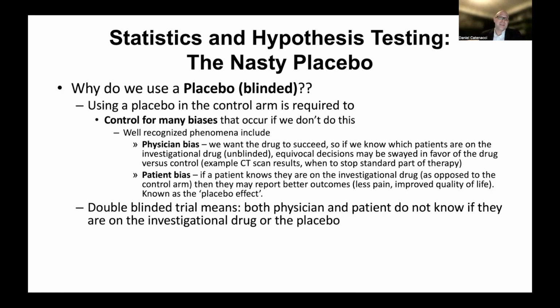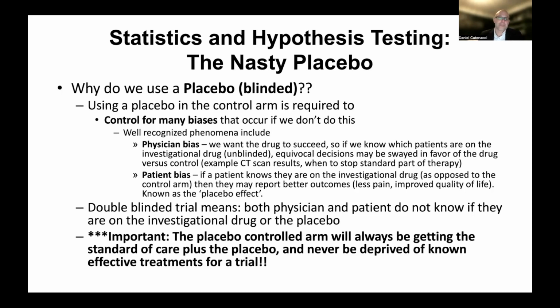And so really, if there's still a benefit that is observed at the end of the study when the results are analyzed, then one can really feel confident that any differences are truly and solely due to the therapy that is added to the standard and not having to do with any biases that now have been limited by randomization and a placebo control.